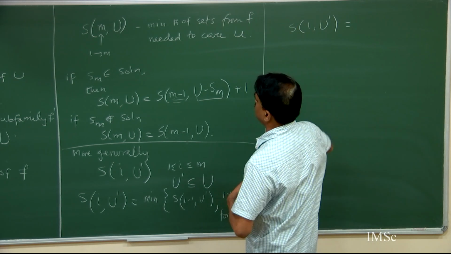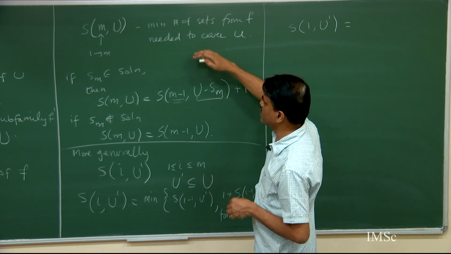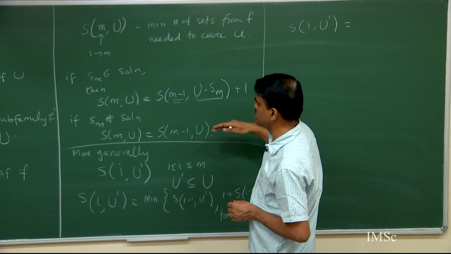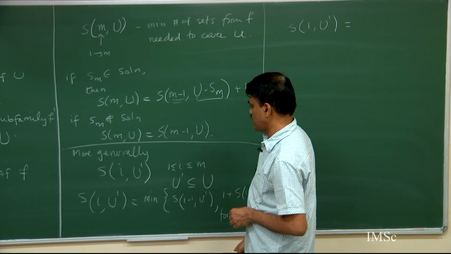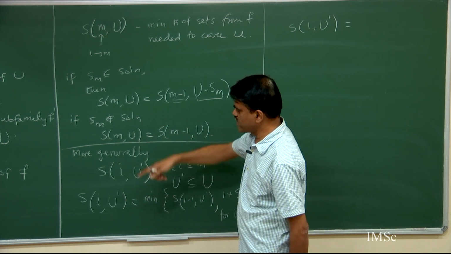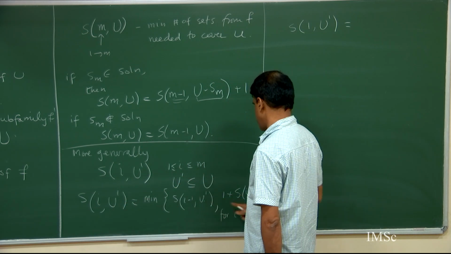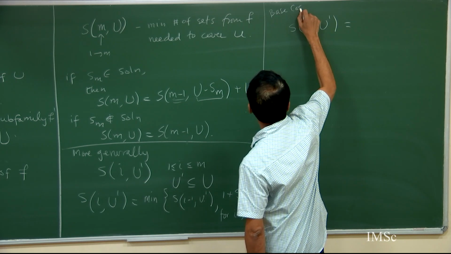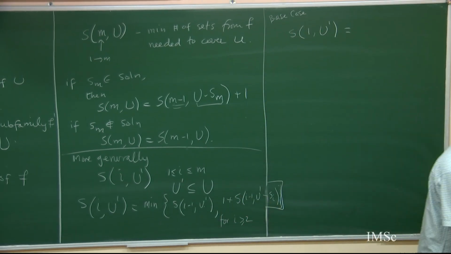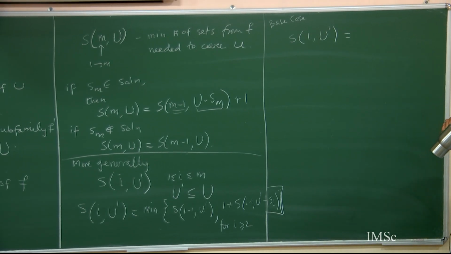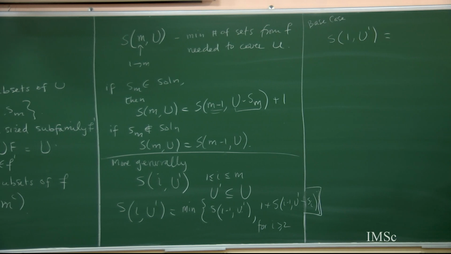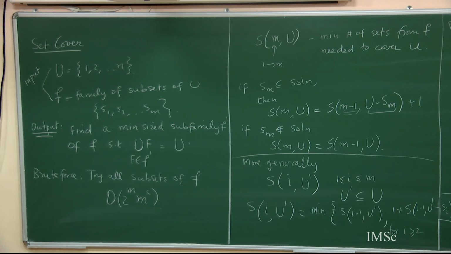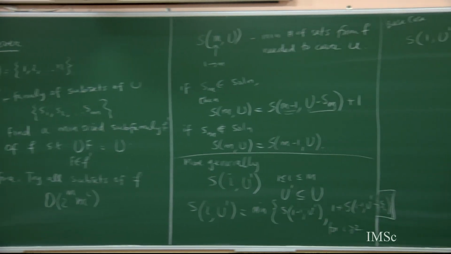The whole thing about dynamic programming is coming up with some sort of recurrence like this. The recursive formulation tells you what your subproblems are. To compute an intermediate stage, you compute it from the previous values, and then you need a base case. So, it is S_1 U'.